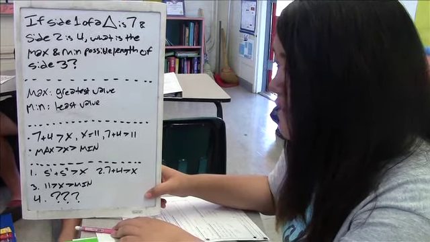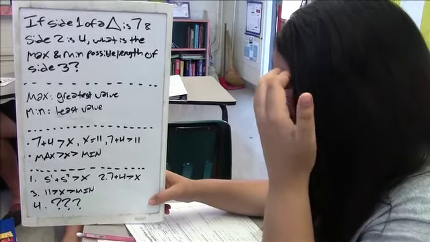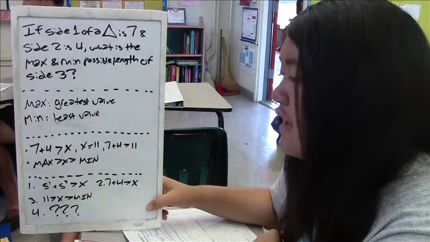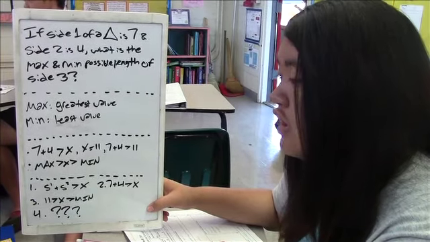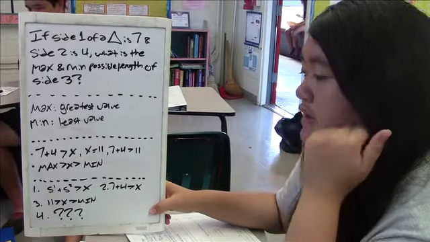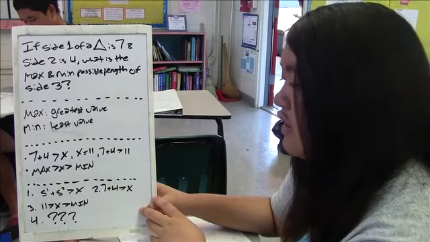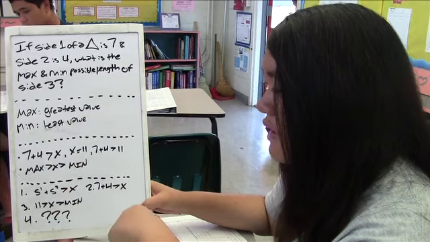So what I know about the problem, I know that 7 plus 4 should be less than x, or greater than x. And x equals 11, so 7 plus 4 has to be greater than 11. And so I also know the equation for the inequality should be max is bigger than x is bigger than the minimum.